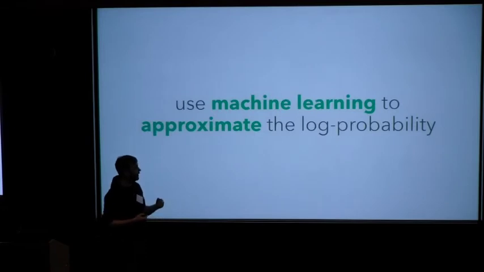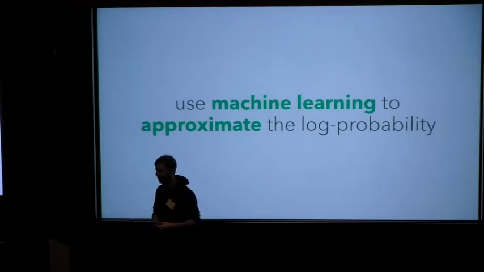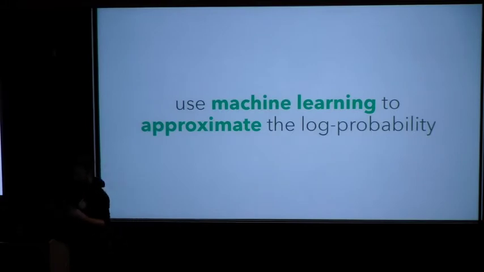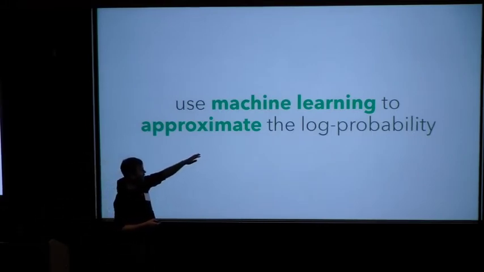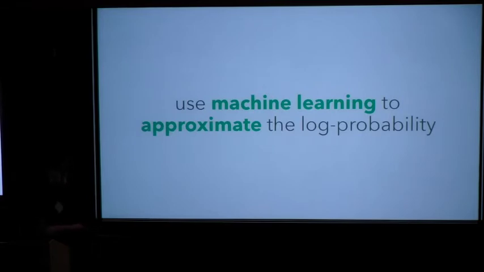And in particular, you might want to use machine learning to try to approximate your log probability surface or some part of your model. And I think this is very promising because you might be able to come up with a good model with a small number of evaluations of your actual physical model.